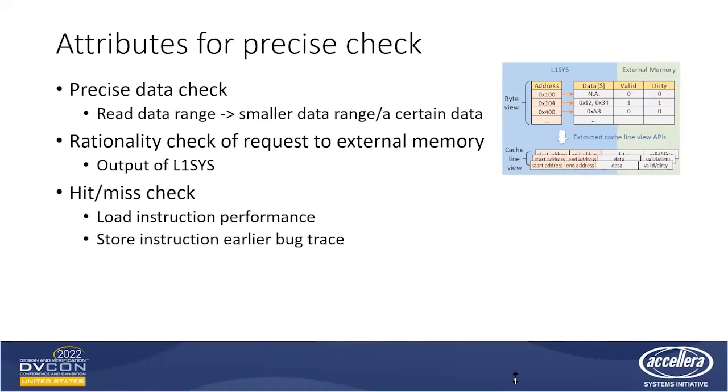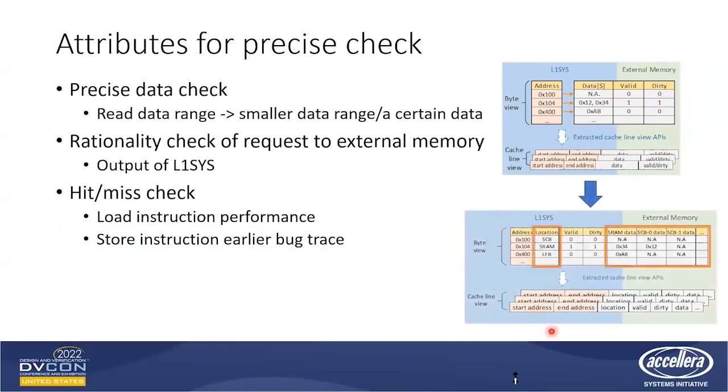Since our basic goal is data correctness, we compare the read data for cache correctness, and when any instruction comes to L1, it will judge hit or miss. If this judgment has a bug, for a load instruction it will influence performance, and for a store instruction, if we can find the bug here, the debug will be much easier.